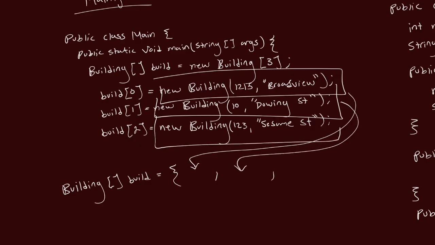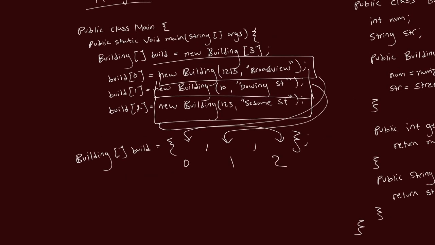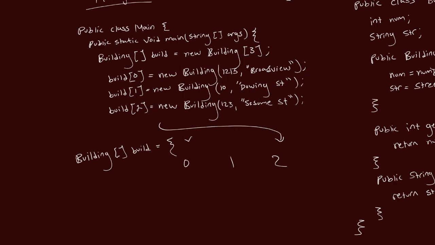Then you do comma, and then you pass new Building of this one into here. Close the curly bracket, and then obviously this is 0, this is 1, this is 2 for index. So if you want to get the contents of this one, you would just do build[0], and so on and so forth. I'm not going to do that right now because it's going to be really long writing.